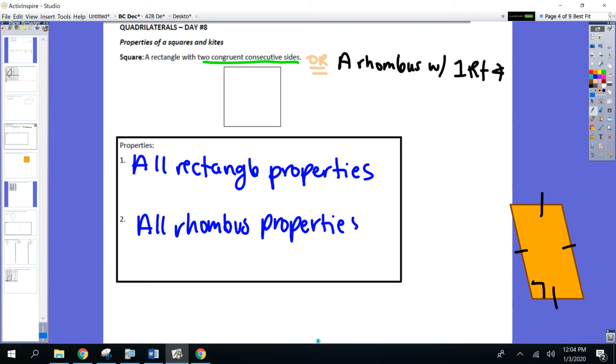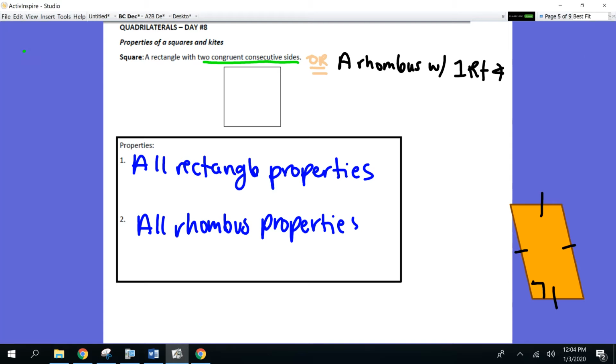Bottom line, everything we've discussed so far this unit, the square has. That's why it is the golden child. It has everything. The diagonals bisect, congruent, perpendicular, bisect the angles, everything, everything. All right, so we're good. Square, magical, I know, great.